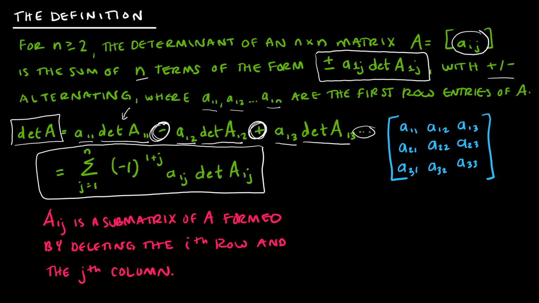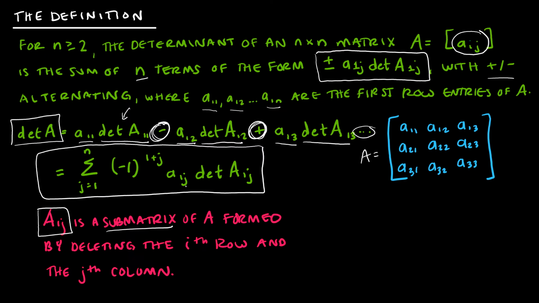Then this is the same notation, A1j, determinant A1j. To find the determinant of A1j, it's essentially a submatrix, a smaller matrix of A formed by deleting the ith row and the jth column.